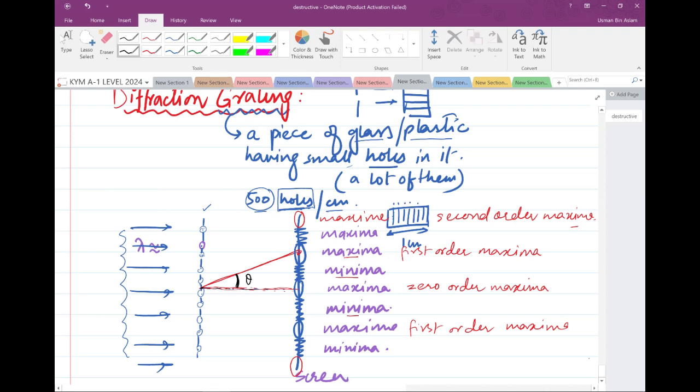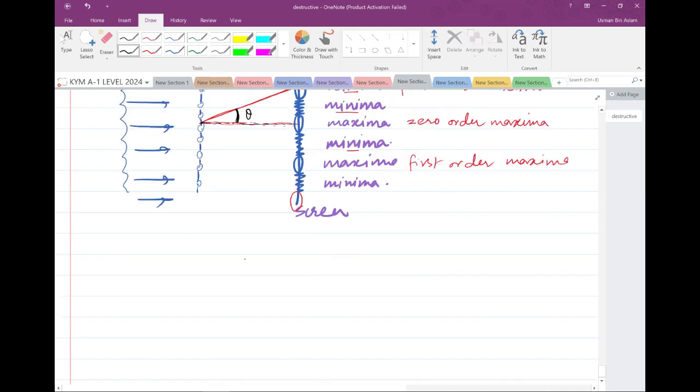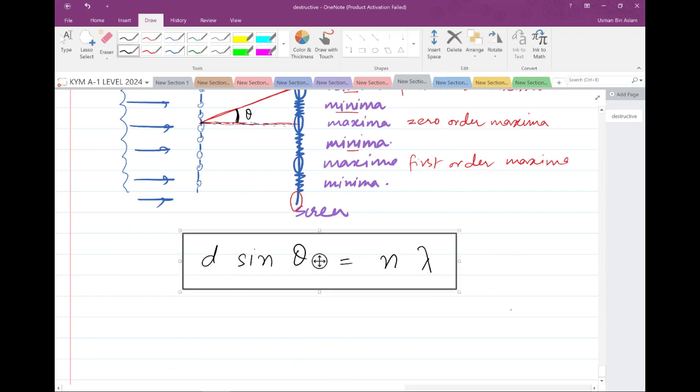There is an equation for diffraction grating: d sine theta equals n lambda. This equation is given in our question paper. D sine theta equals n lambda, where theta is the one that I have shown you in the diagram. I'm going to describe theta here for you as well.